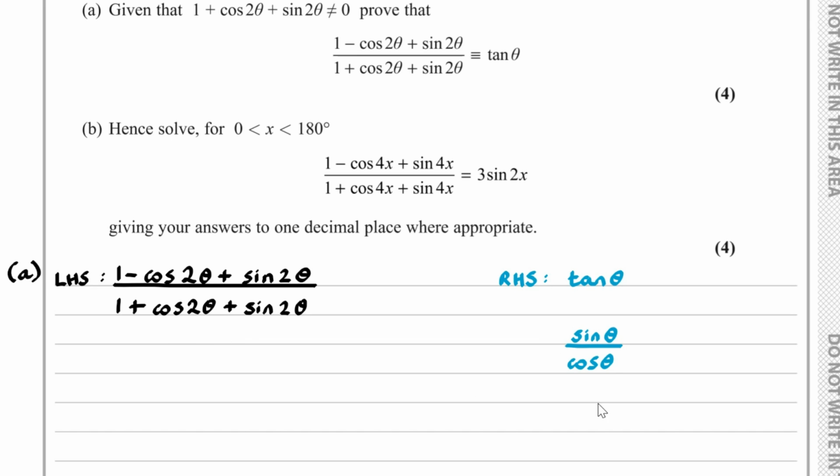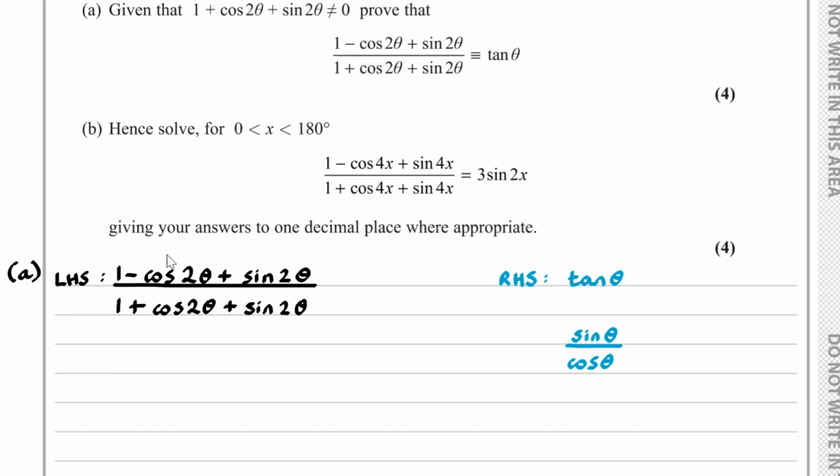Now somehow I want a sin theta over a cos theta. I want this result to simplify to sin theta over cos theta. I want the top to involve something involving sines and the bottom something involving cosines.